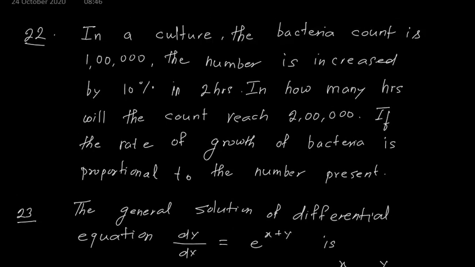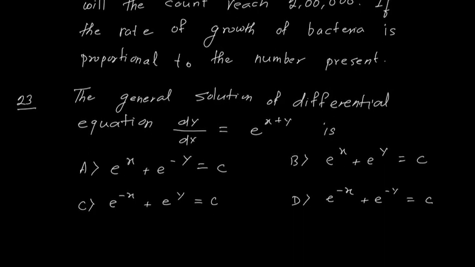Now let us move to the next question. In a culture, the bacteria count is 1 lakh. The number is increased by 10% in 2 hours. In how many hours will the count reach 2 lakh, if the rate of growth of bacteria is proportional to the number present?